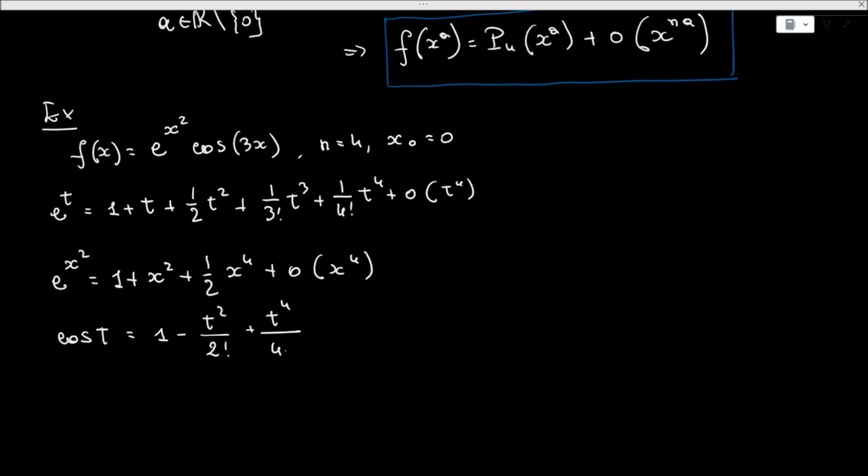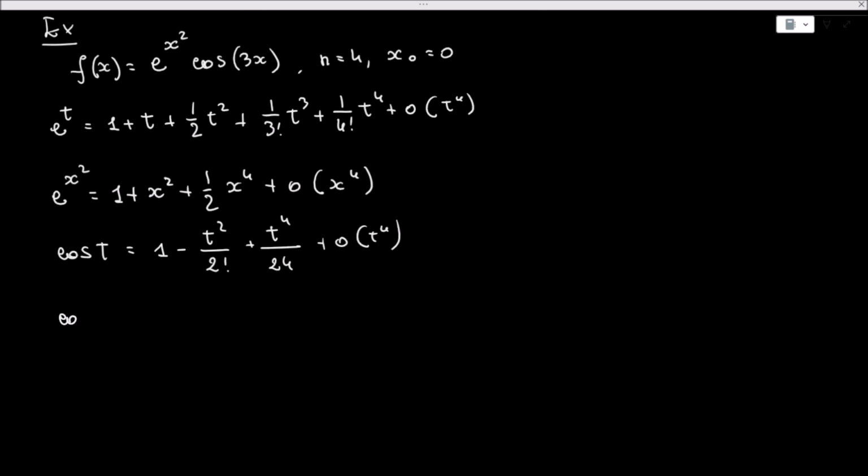And now, by using the composition 1, we can write that the cosine of 3x, we just need to replace t with 3x, and we get 1 minus 9x squared divided by 2, plus 3 to the 4 times x to the 4 divided by 24, which is nothing else than 3 times 8, plus little o of x to the 4.